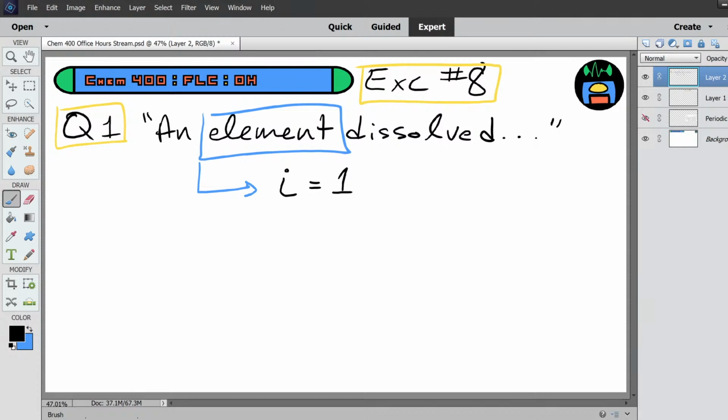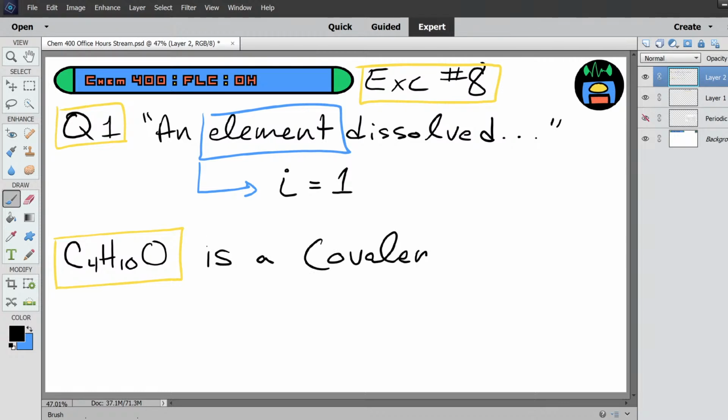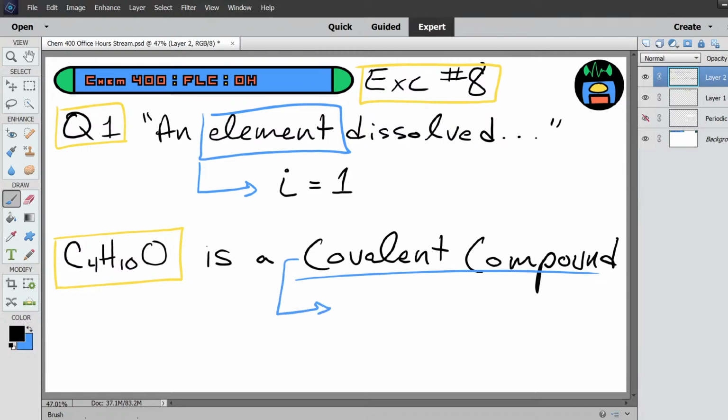And this explanation will also answer your question about C4H10O. This guy is a covalent compound, and covalent compounds don't ionize because they're not ionic.